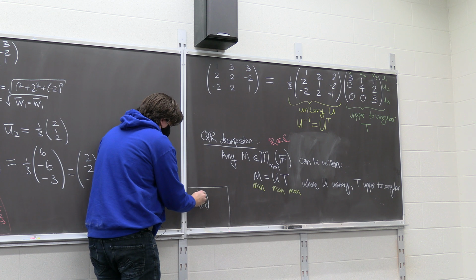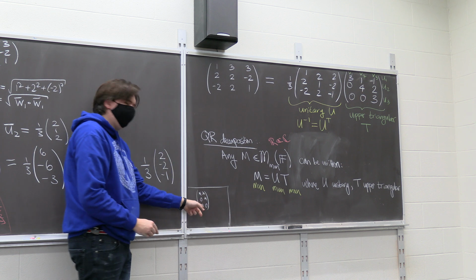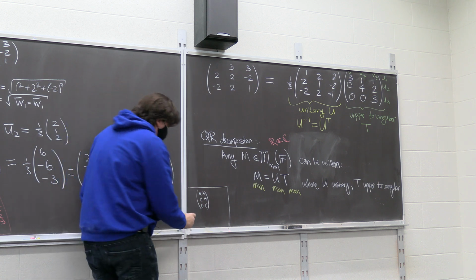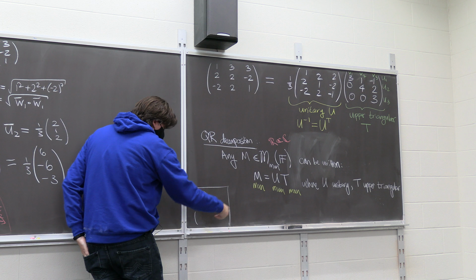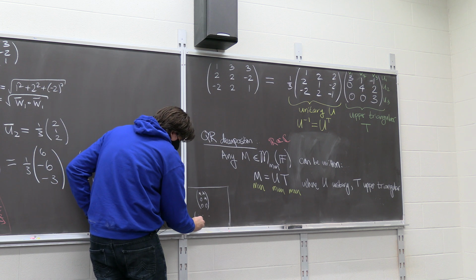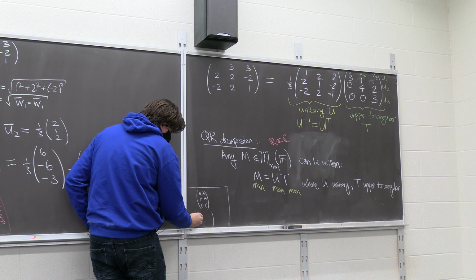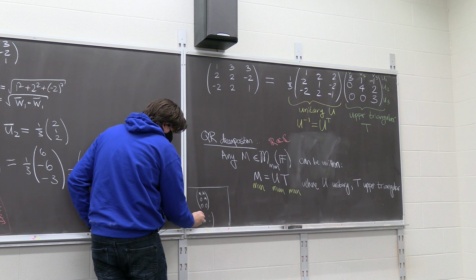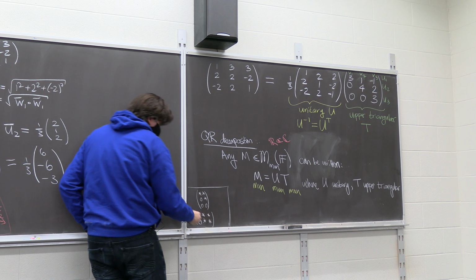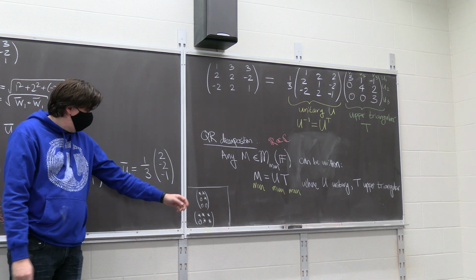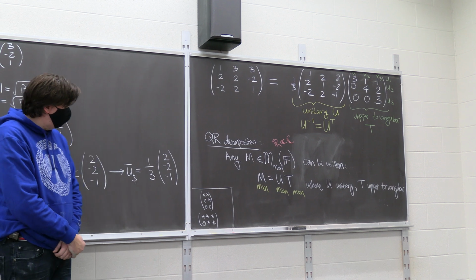So these are whatever values, and everything below it is 0. That's what I mean by upper triangular if it's not a square matrix. Or it could be a 3 by 2 matrix. You just go down the diagonal and everything below it is 0.